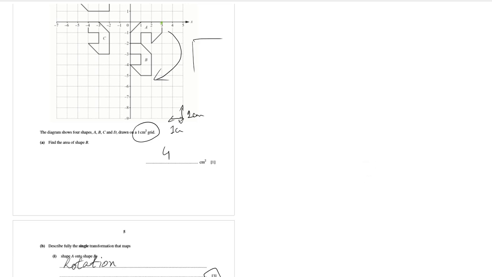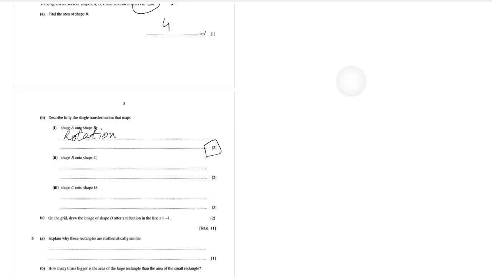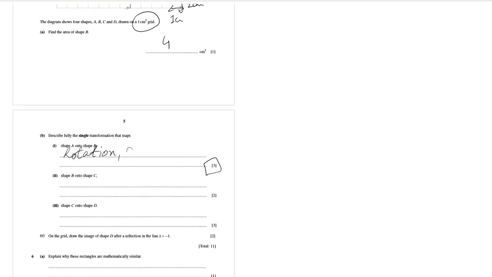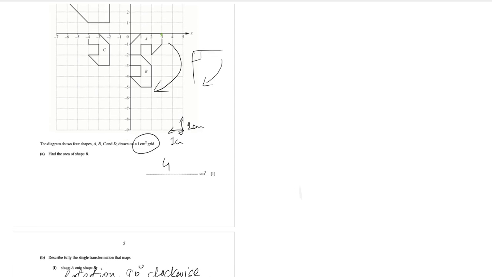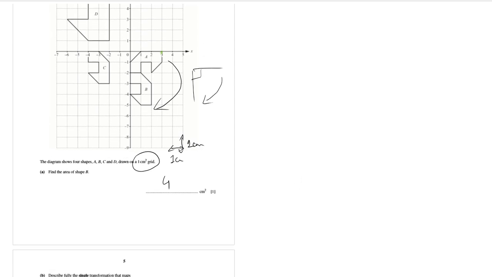You can see this is 90 degrees, and in the clockwise direction it's rotation 90 degrees clockwise. So these are the easy 2 marks for everyone to get. For the third mark, you need to figure out what the center is. That's a little bit longer process, but I'll try to make it as simple as I can.